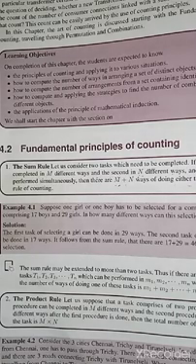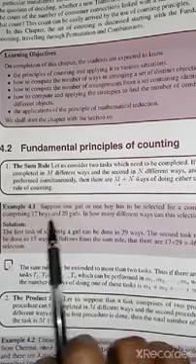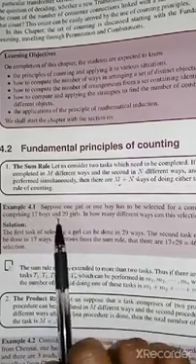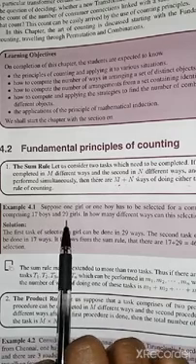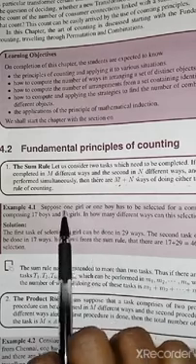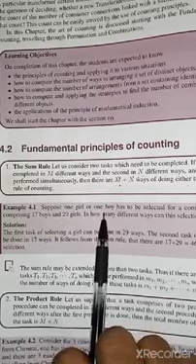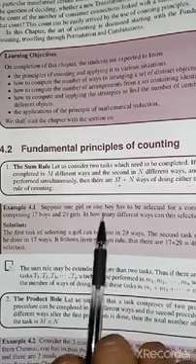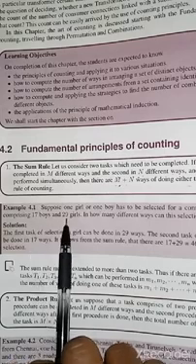Now what is the question given? In a class 17 boys are there and 29 girls are there. Out of these, we are going to select one girl or one boy. So how many people are we choosing? Only one person, either one girl or one boy.